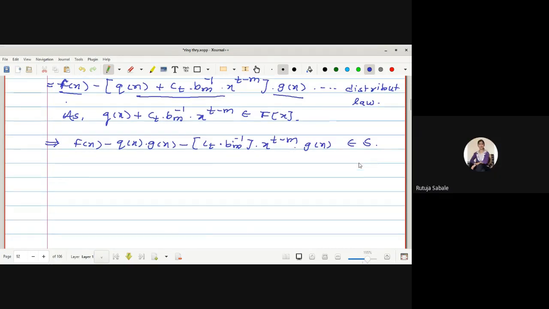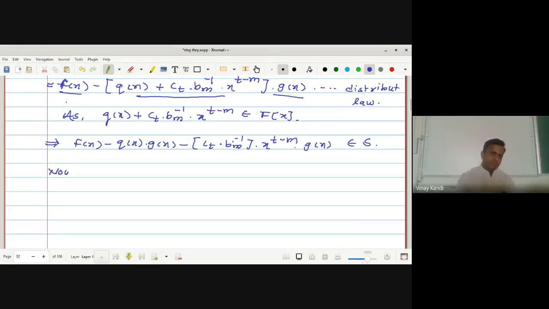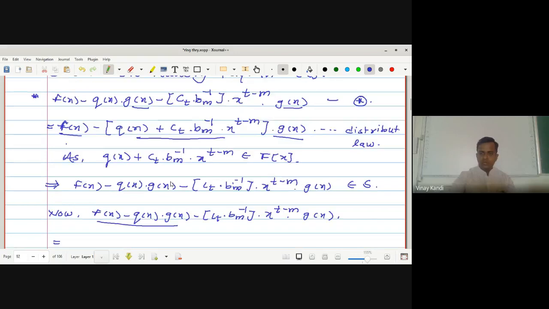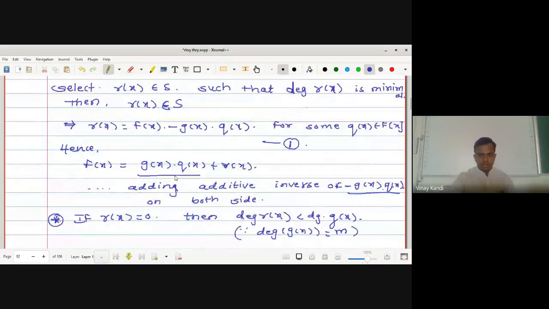No, sir. Okay, now f(x) minus q of x, this one, into g of x minus ct into bm inverse into x raised to t minus m into g of x. Now from equation 1, what is the value of this one? It is r of x.